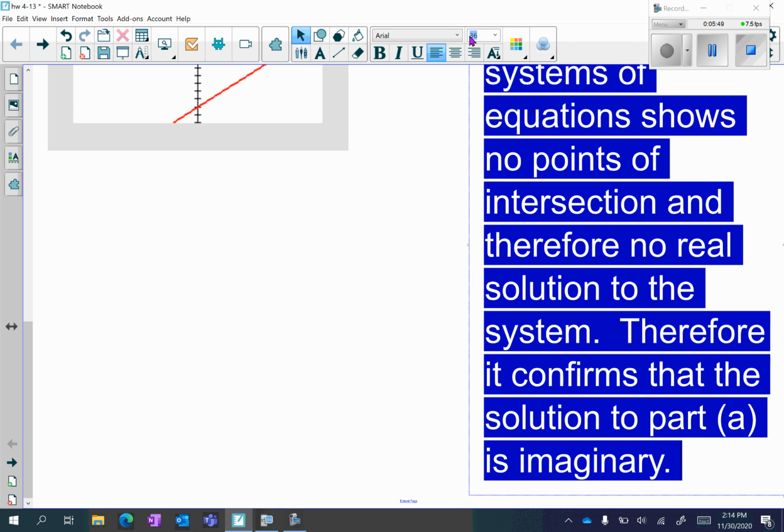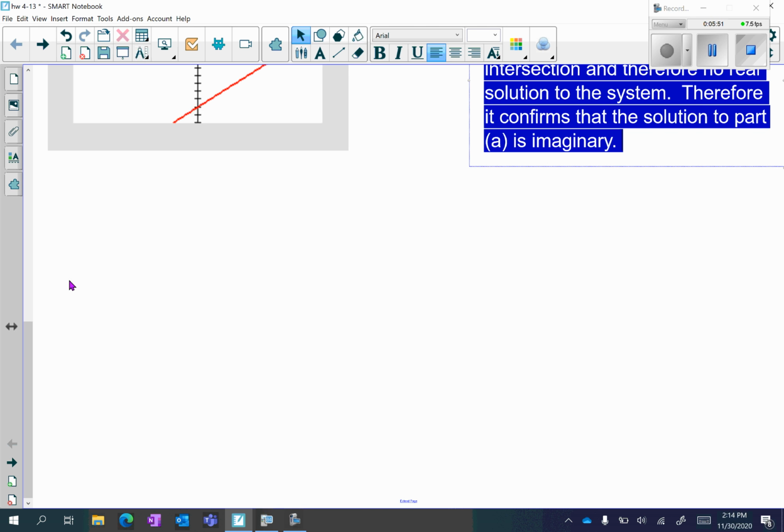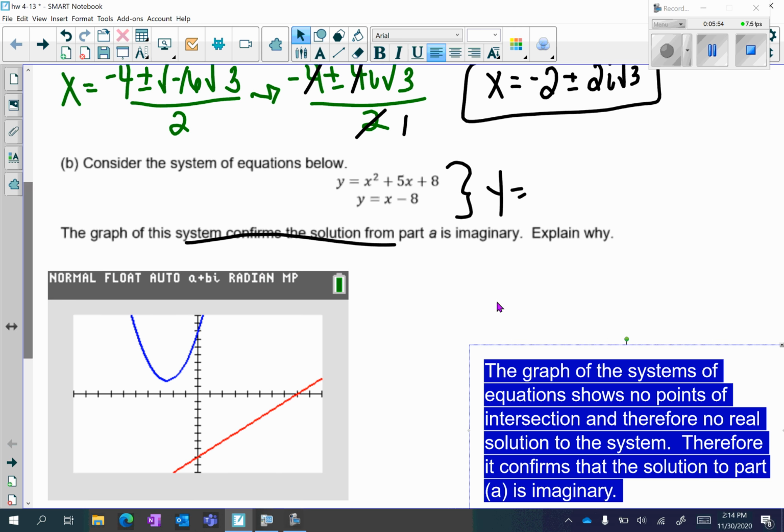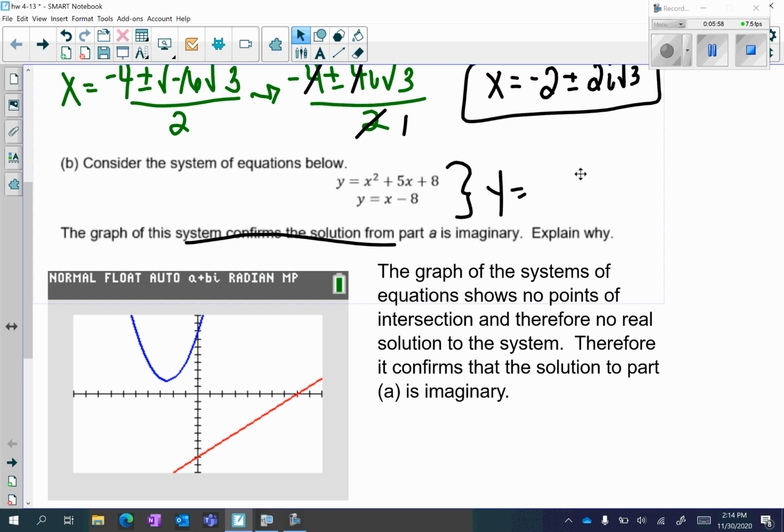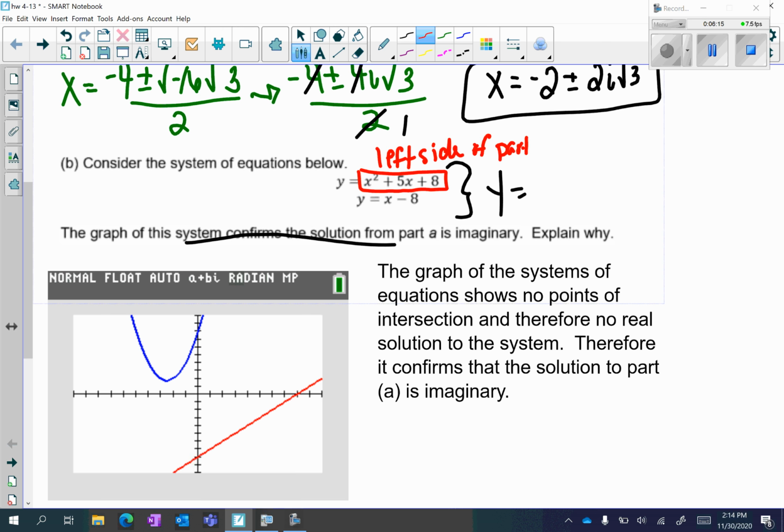Now, the reason it's confirming that, I'm going to scroll back up. If you take a look at part A, the left side of part A is y1, and the right side of part A is y2.